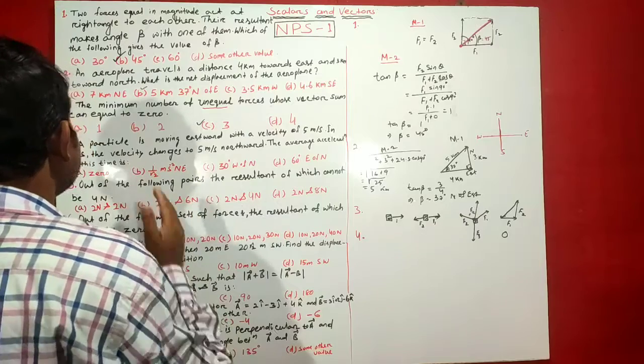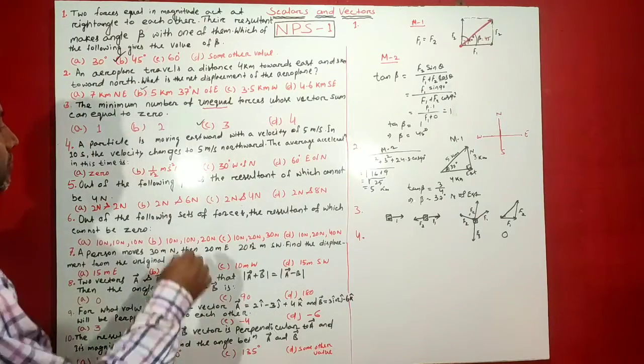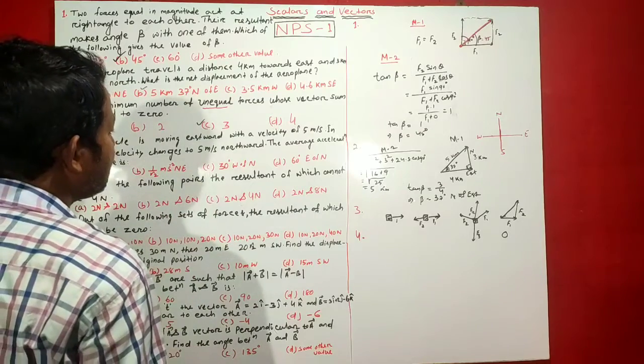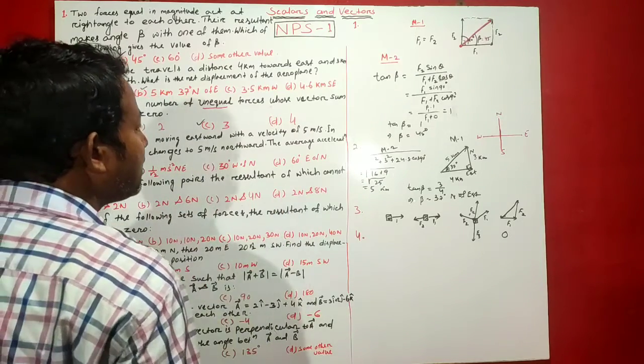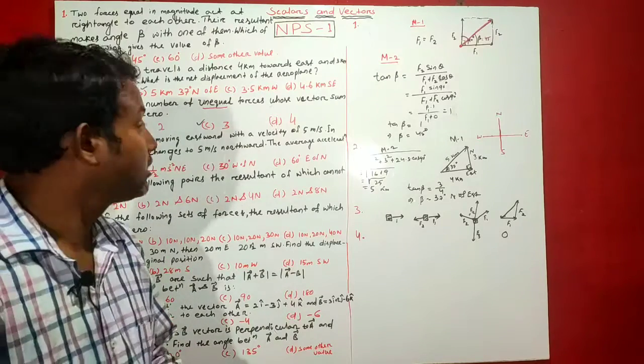In 10 seconds, the velocity changes to 5 meters per second northward. The average acceleration in this time is, so we have to find the average acceleration.